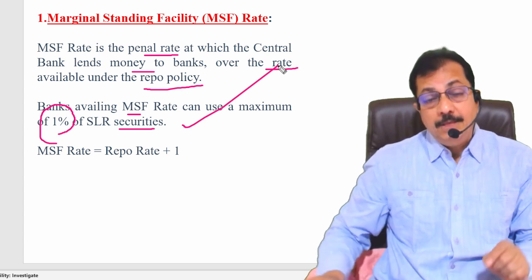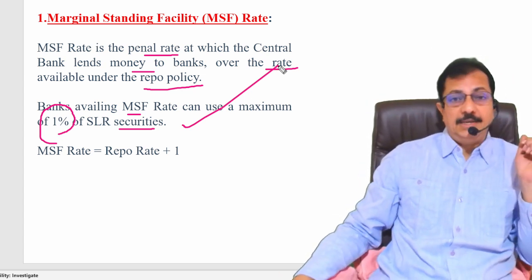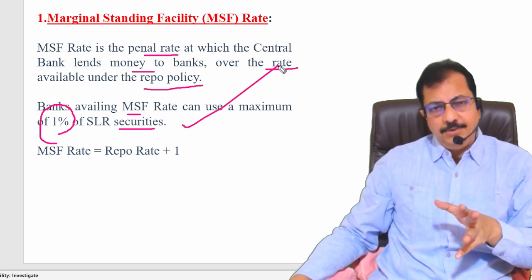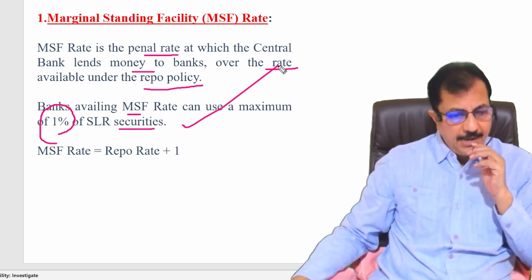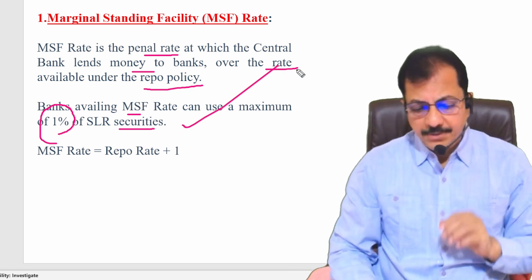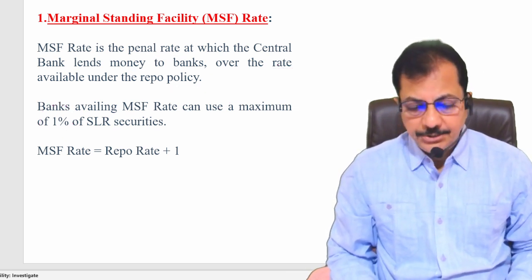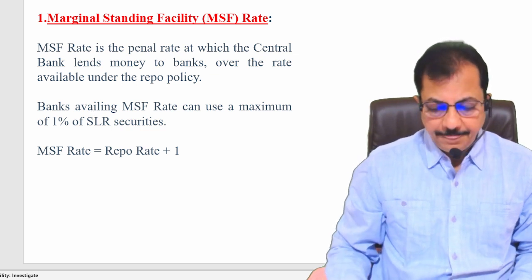Is that okay? So in case of a failure of the SLR, this marginal standing facility will be given, and 1% will be charged on that. That is called the marginal standing facility, right?